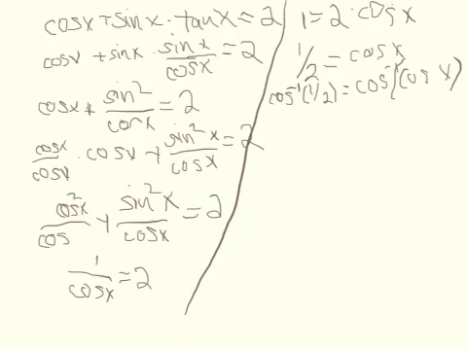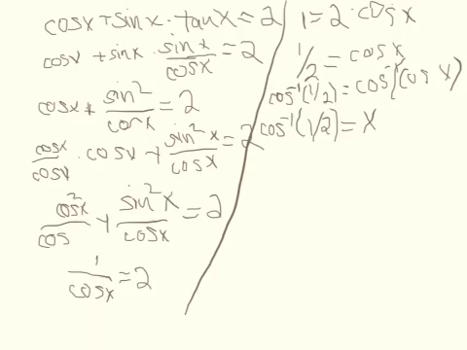Remember, our inverse cosines undo each other, so we just get x on this side. On the other side, we still have inverse cosine of 1/2. So now I should be asking myself, remember this inverse cosine is going to give us an angle. We want to know what angle has a cosine of 1/2.